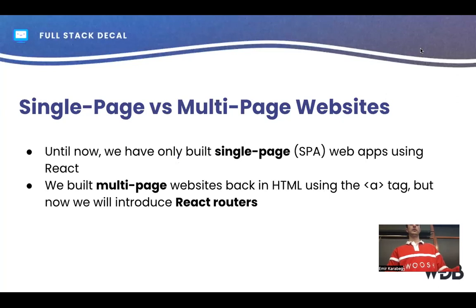So, single page versus multi-page websites. On Tuesday's lecture, we built single page or SPA web apps using React. We had one page with some information on it, a button, and a list. And way back in HTML, we built multi-page websites using the A tag. But we're going to now introduce React routers.